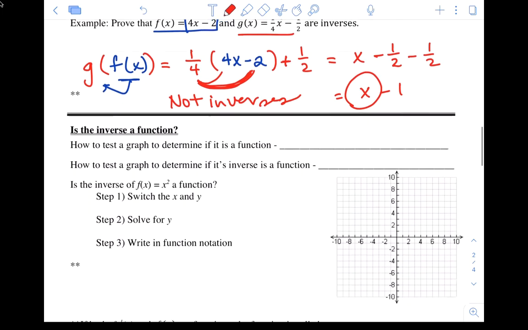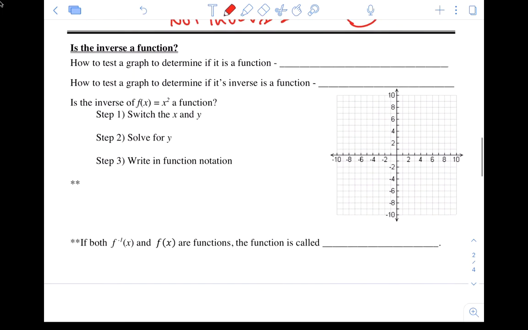Okay, so the other and last and final thing to do is, are these inverse functions graphically? Now, I want you to see something. It's actually supposed to make it really easy to spot whether or not a graph is a function, and even how to determine if its inverse is a function.